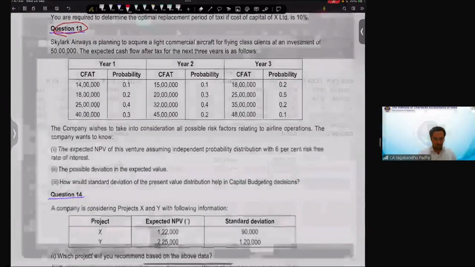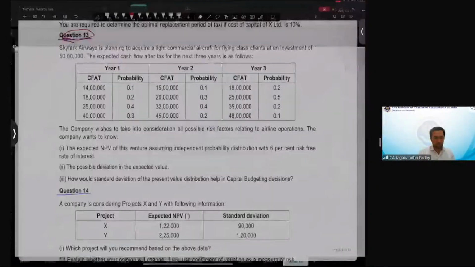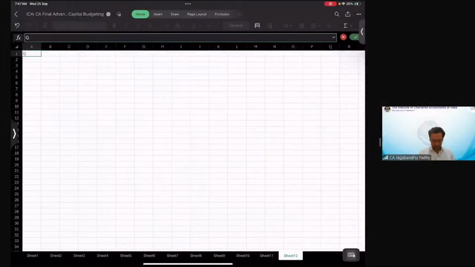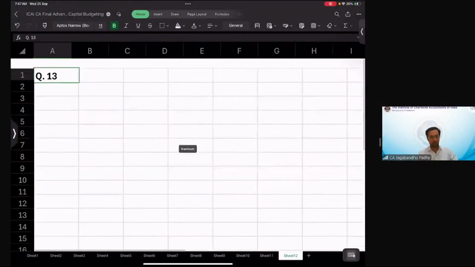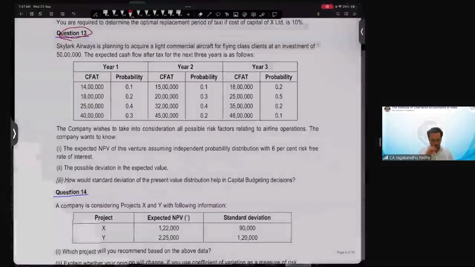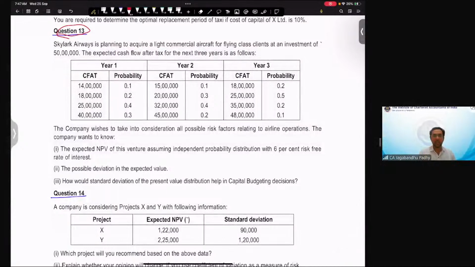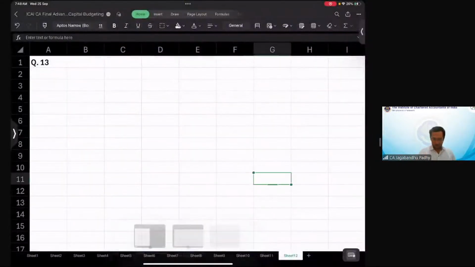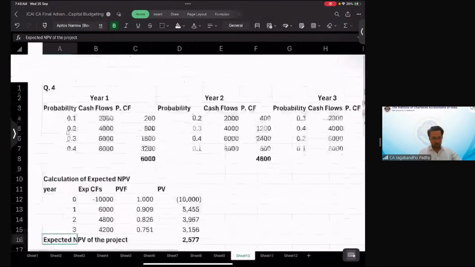First up, this is question number 13 that we are doing. We have probabilities and CFAT for each of the respective years. And we wish to know what is the possible expected NPV. So to calculate the expected NPV, again, we'll have a setup like this.